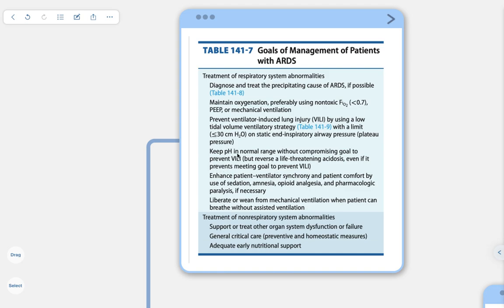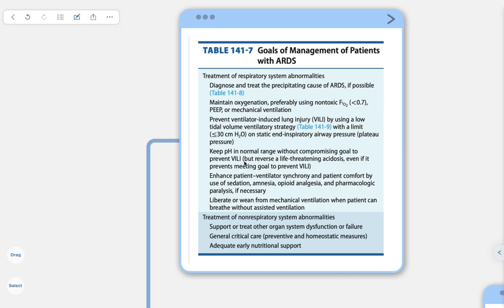Now, I know that this particular statement might be confusing to you, that keeping the pH in normal range without compromising the goal to prevent the ventilator-induced lung injury. Now, we all know that excess of oxygen, whenever you give, there is always a chance of ventilator-induced lung injury. But at times, in cases of life-threatening acidosis, there is a likely need to let the lung ventilate with a high tidal volume.